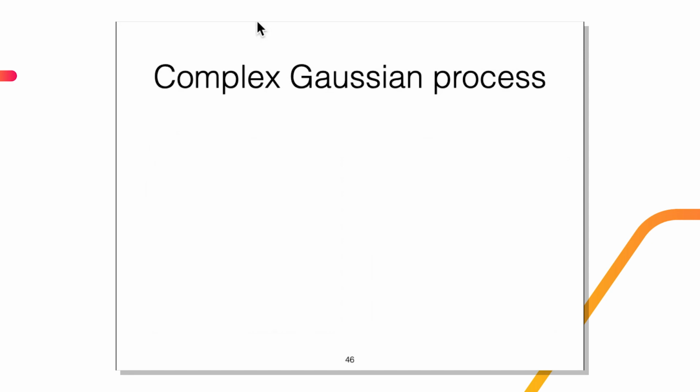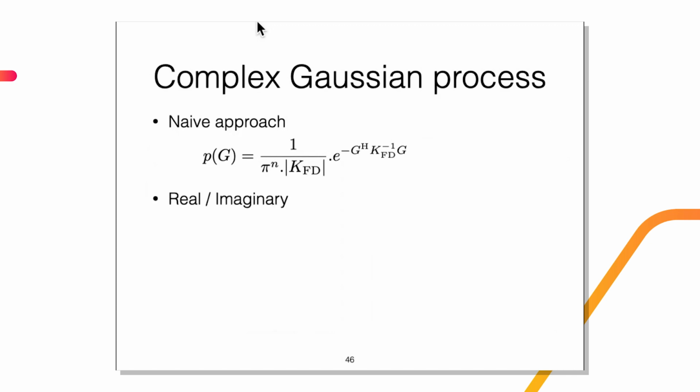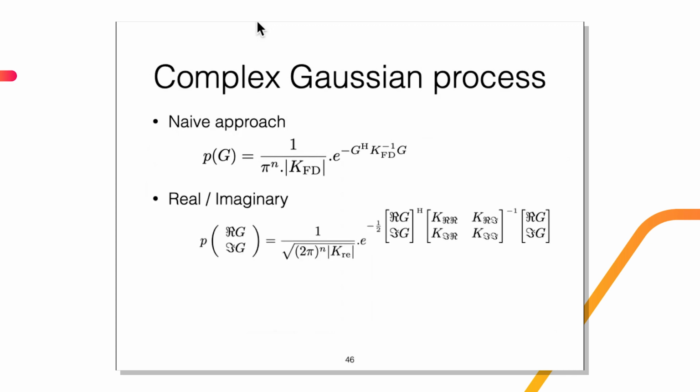So complex Gaussian processes. I'll start with the naive approach, saying that the probability density function of a complex Gaussian process is just the same as for a real Gaussian process, but with the new complex covariance matrix. But then I forgot about the fact that a complex number actually consists of a real and imaginary part, and you have to take into account the correlation between these two as well.